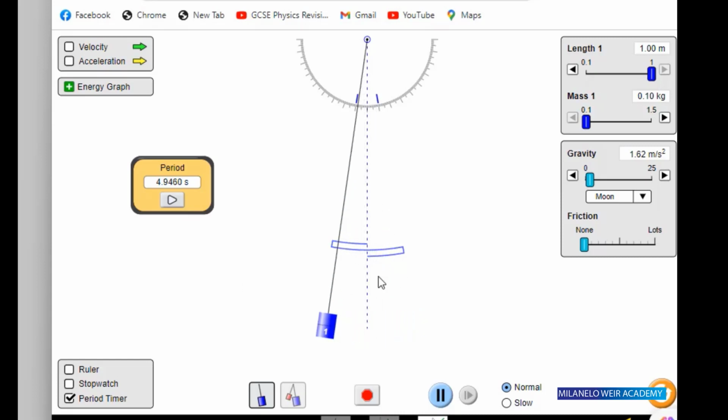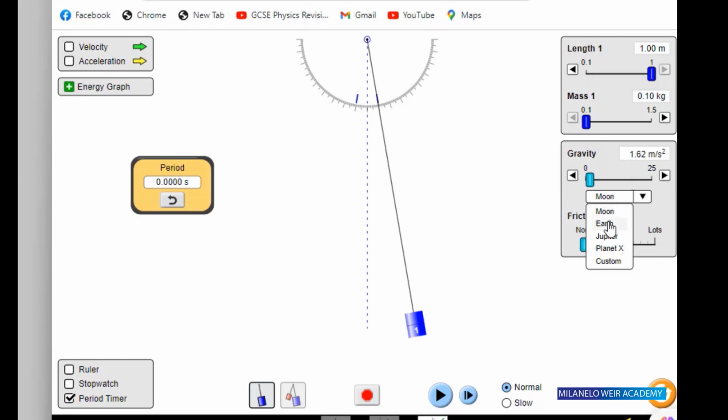So on the moon, normally the period is 4.9, almost 5 seconds, almost 5 seconds each time. Let's stop it. Now let's change the gravity and see what happens on Earth.